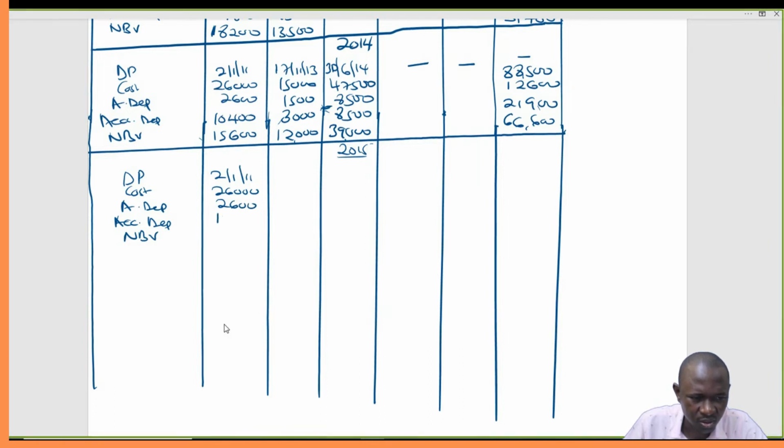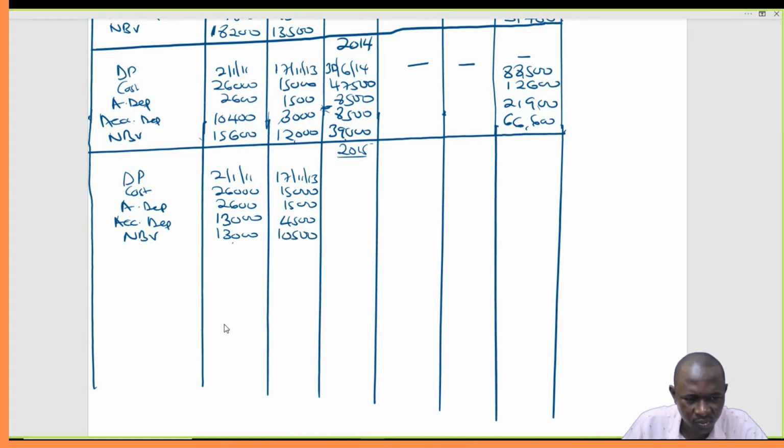Is it 12,000 or 13,000? 13,000. And so the answer will be 13,000. We are halfway. So this will be 17/11/13. This is 15,000, minus 1.5. Total accumulated is 4.5, 3,000 plus 1.5. And then that minus that, we get 10,500.